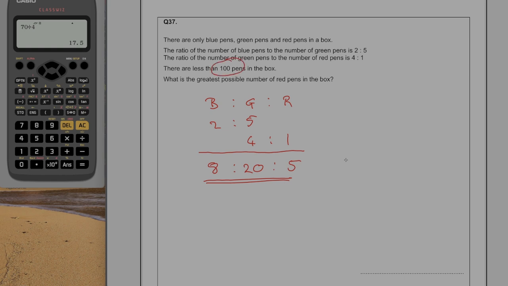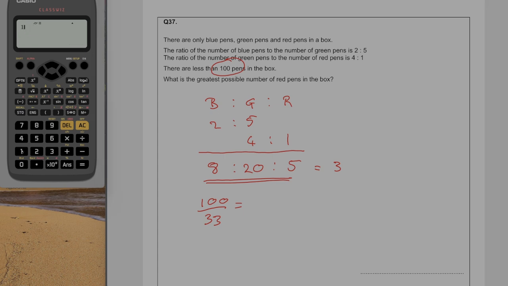And we're saying that that number has to be less than 100. So if we look at how many parts we've got, we've got 8 to 20 to 5. That means that there are 33 parts. So if we do 100 divided by 33, that would be assuming that there are 100, but that will give us a decimal value.